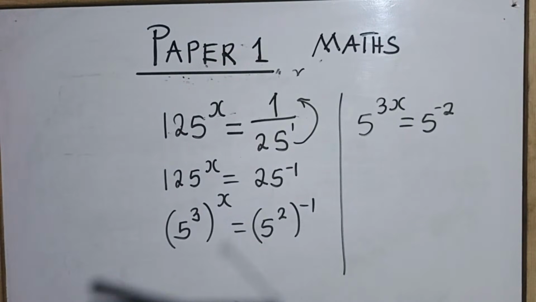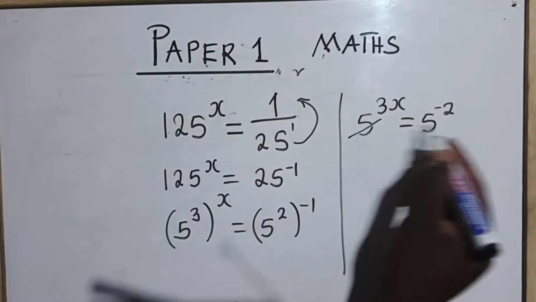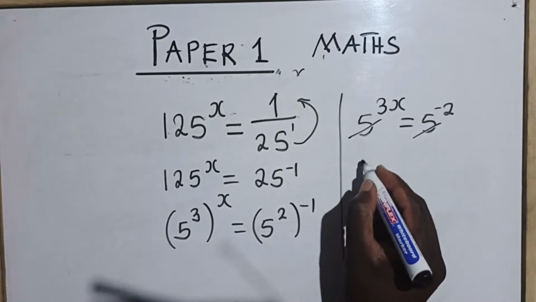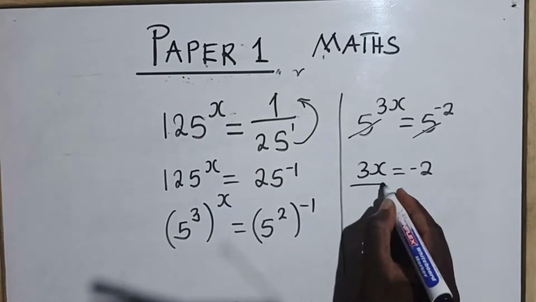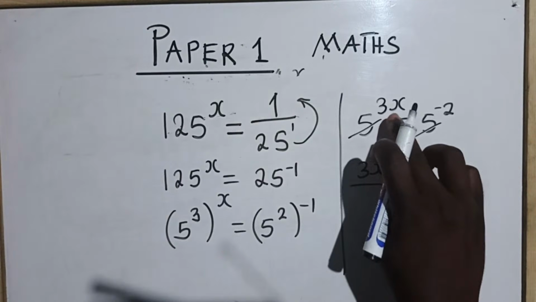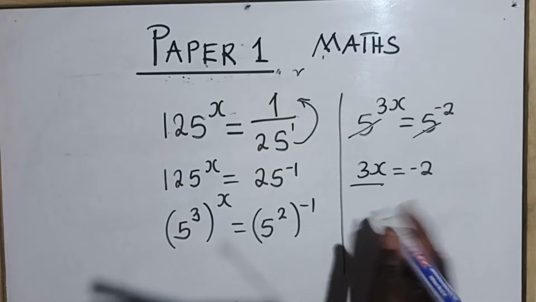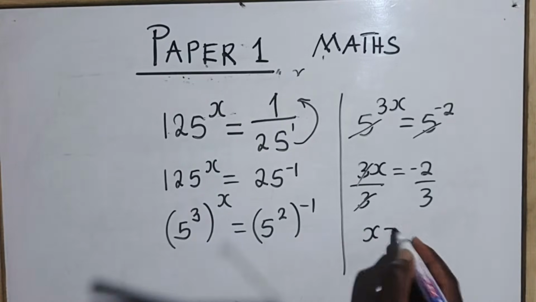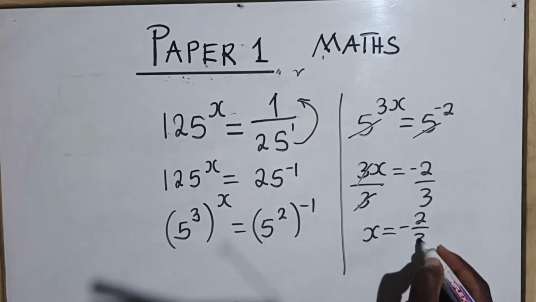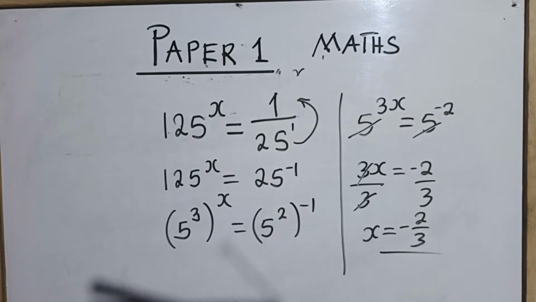And from this point, since the bases are balanced, you can now cancel the bases and say 3x is equal to negative 2. We equate the powers. To solve for x, you divide by 3, and the value of x is coming out to be equal to negative 2 over 3. That's the value of x right there.